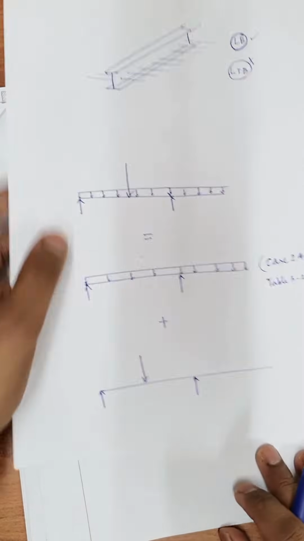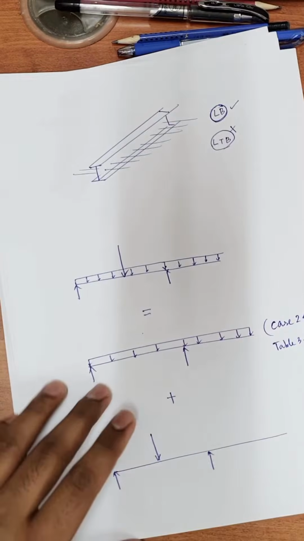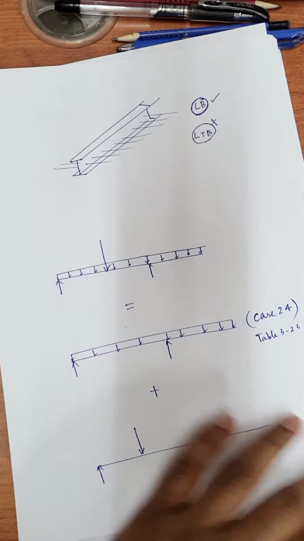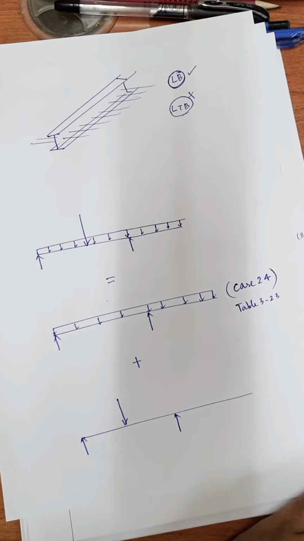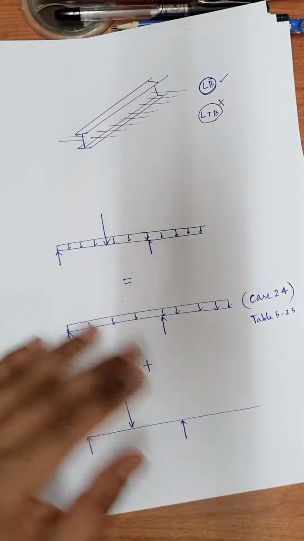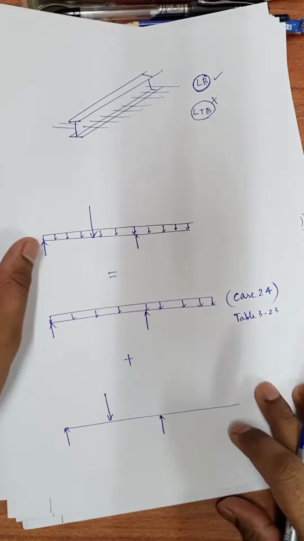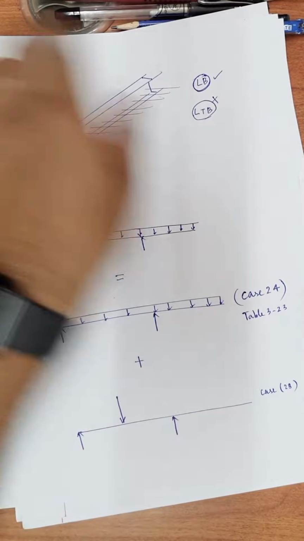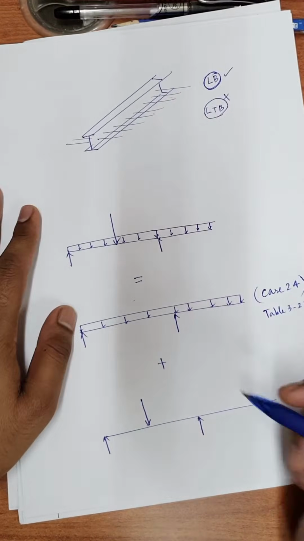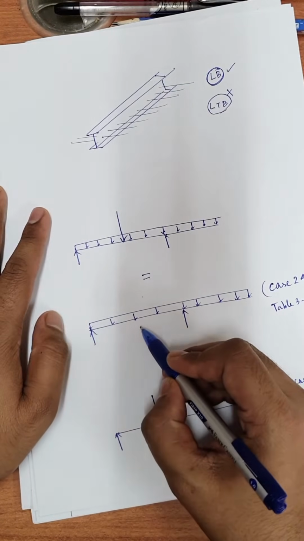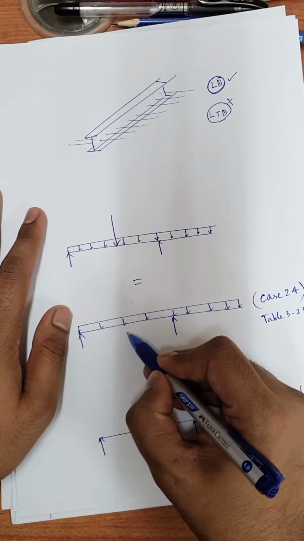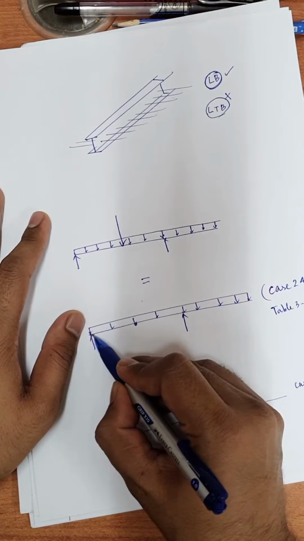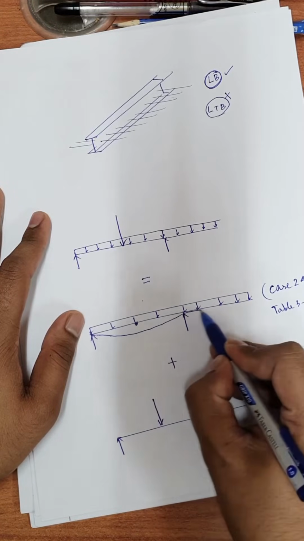in tables 3-23, while this corresponds to case 28. So the idea is we need to find deflection at 2 points. One is at this point, because we expect this to bend like this.